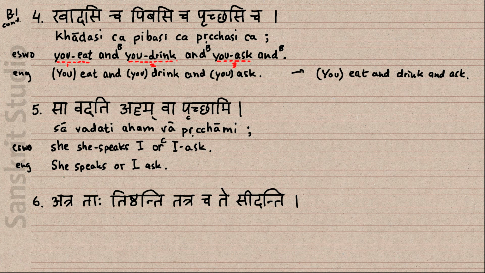And the clauses then are clause 1 and clause 2. And since the default value here for one or is, in a clause environment, syntax C, I don't have to write it out on the English line, only on the eswo line. Okay, so she speaks or I ask.